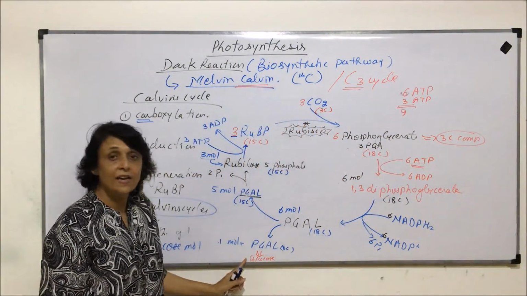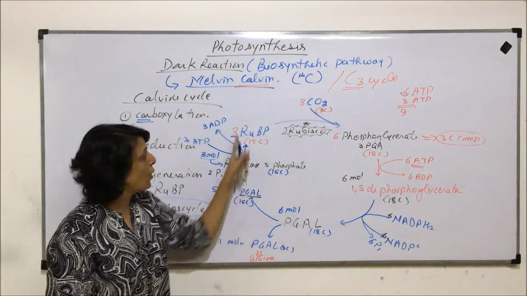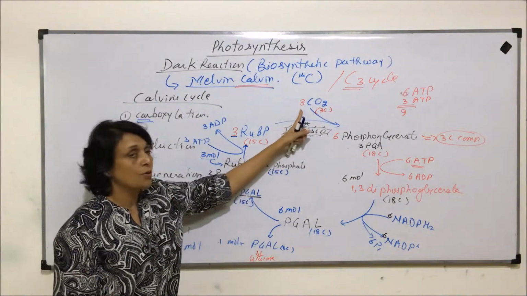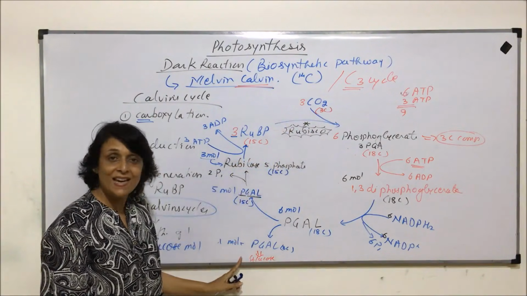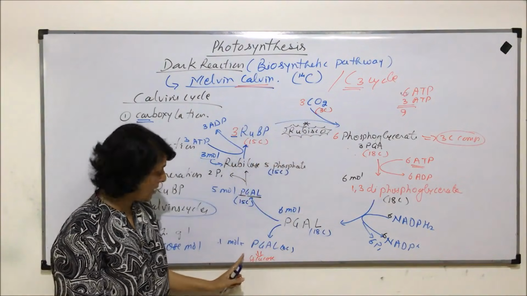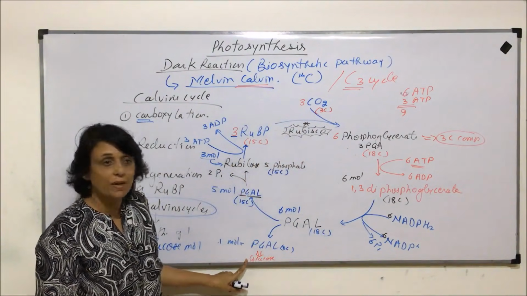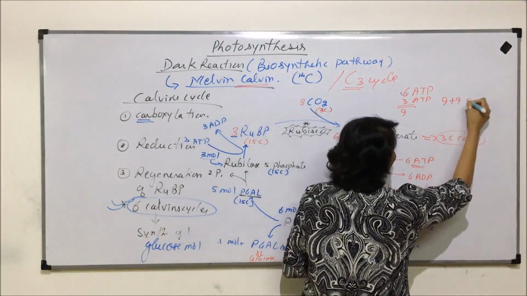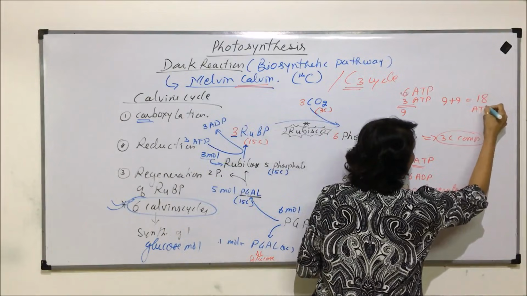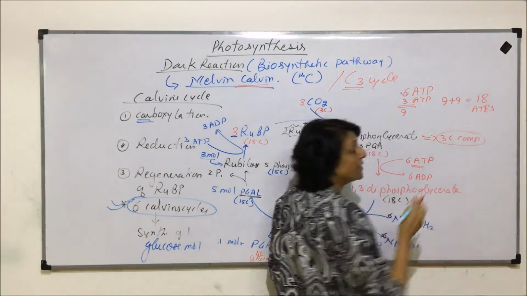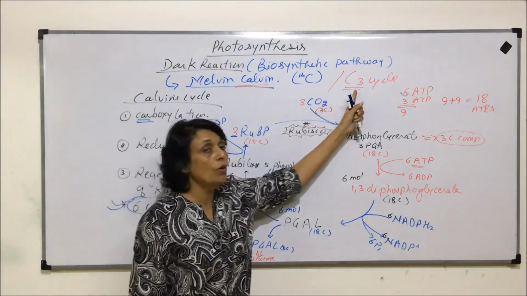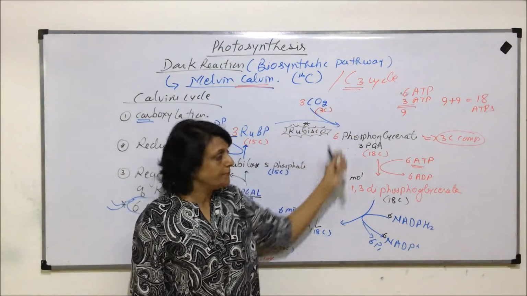But ultimately, to synthesize a glucose molecule, we'll have to repeat this reaction one more time. So 3 carbons, 1 PGAL separated, one more 3 carbon, another PGAL will get separated. That means 9 and 9. So 18 ATPs are required to synthesize one glucose molecule through the C3 cycle.